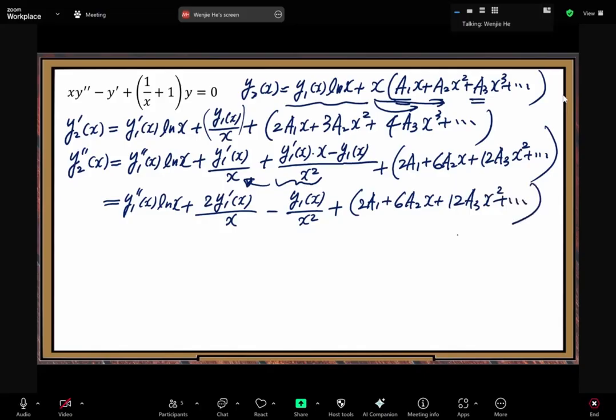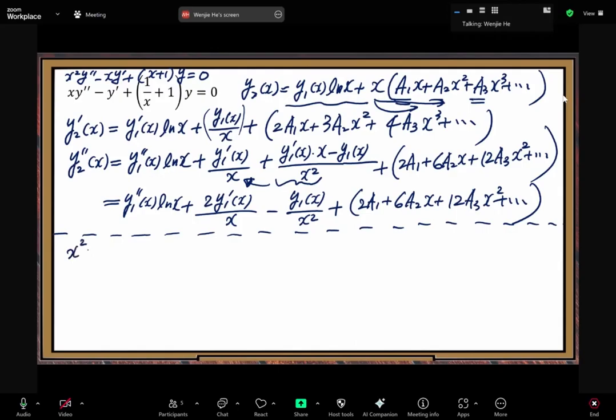All right. Let me write the convenient form again, because we need to calculate it: x squared y double prime minus x plus 1 times y. That's the convenient form when we do the work.